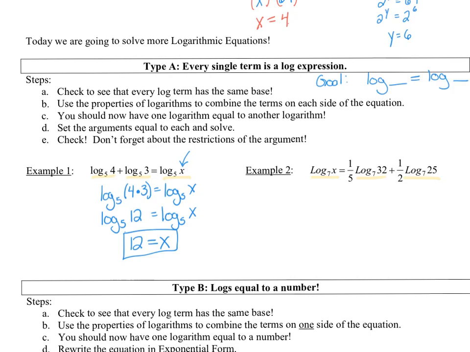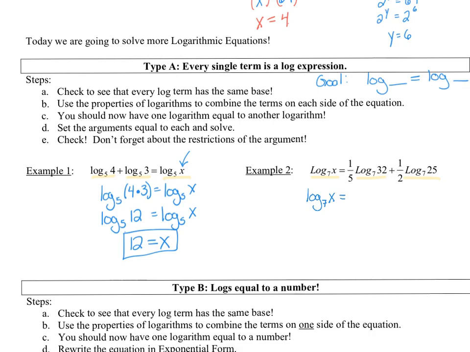On the left side, we already have a single log, so we don't have to worry about that. So we really just have to work with the right side, and we're going to use properties of logarithms to combine these into one single log.